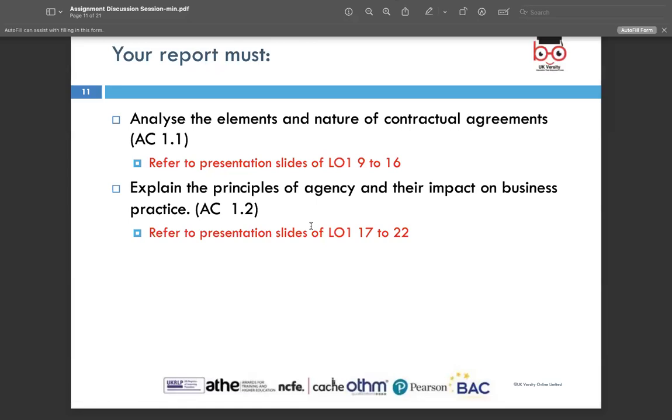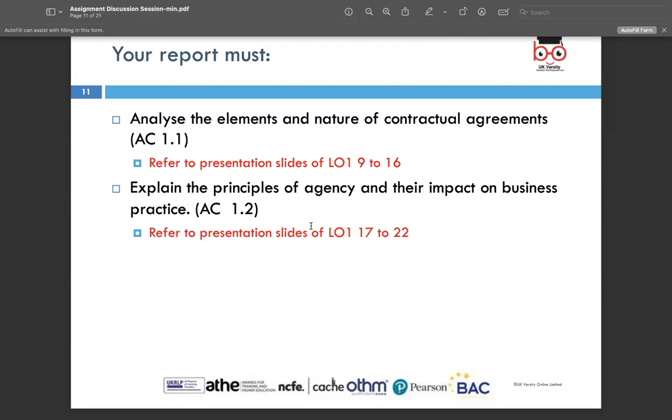So, the principle of agency. Definition of agency: describe the agency relationship where one party, the agent, is authorized to act on behalf of another, the principal. Authority of agents: distinguish between actual, apparent and implied authority.